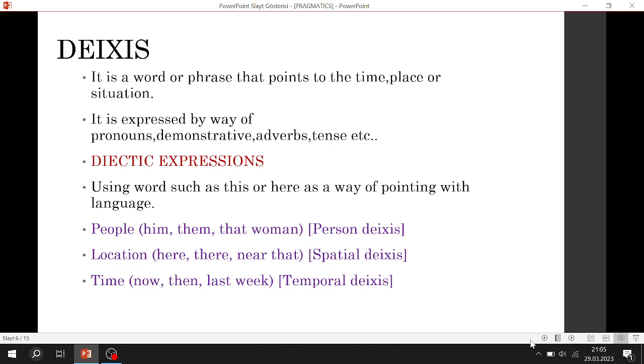For example, we have three deixis: person, spatial, temporal. Temporal means that when we use time expressions, we call it temporal deixis. When we use location, for example, here, there, near, that, it's spatial deixis. When we use him, them, that woman, those men, then we call it person deixis.